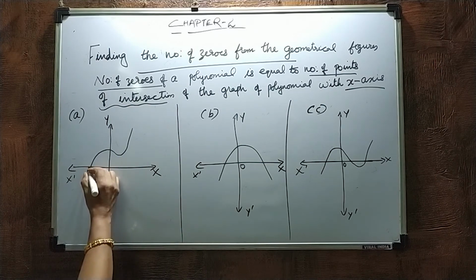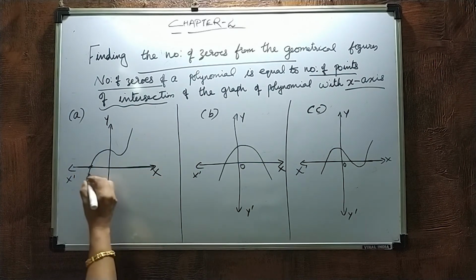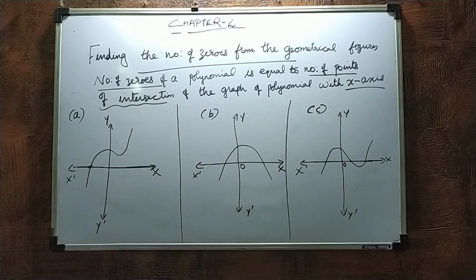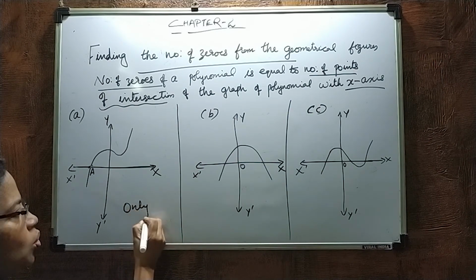This is the x-axis, and here is the point. How many times does it intersect? Only one time. Suppose they write here A. It intersects only here. That means 1 zero. This figure has only 1 zero.